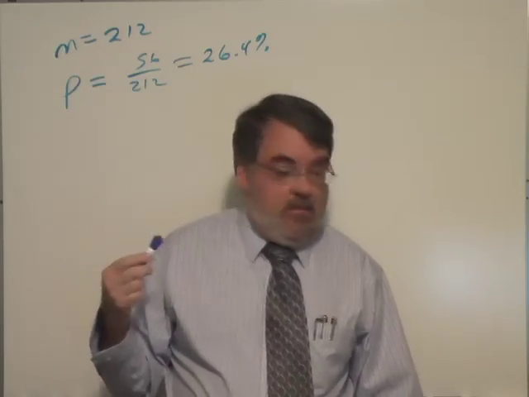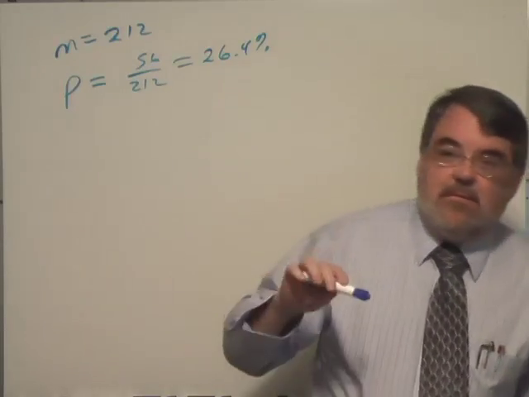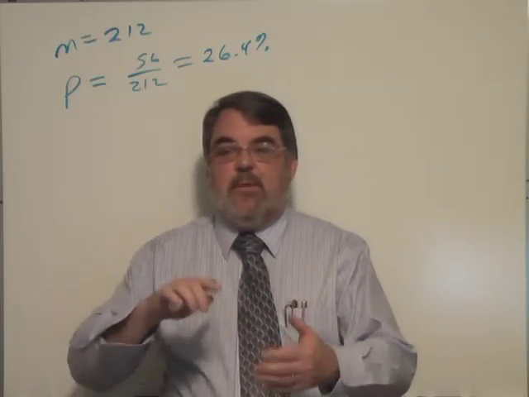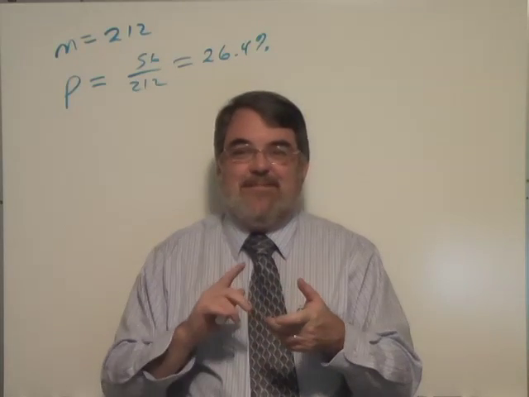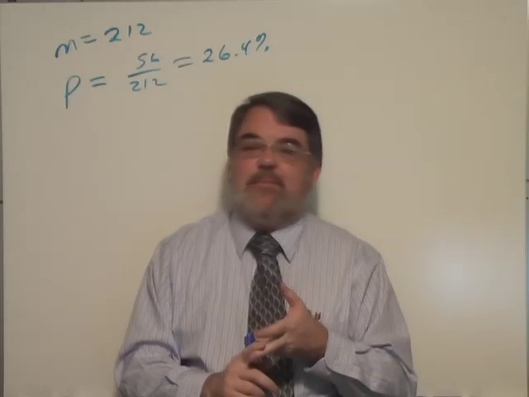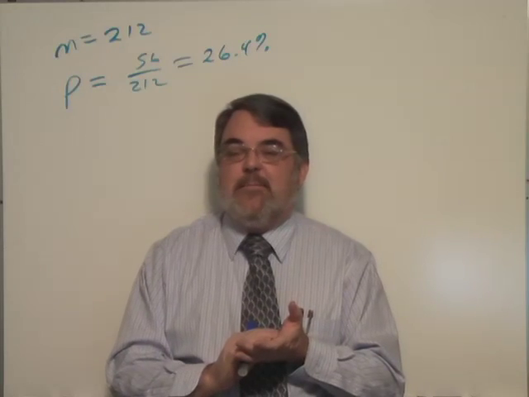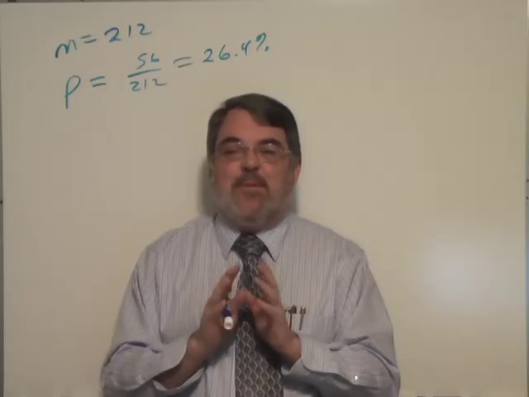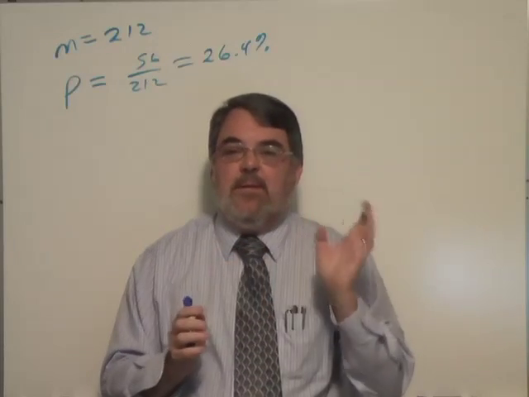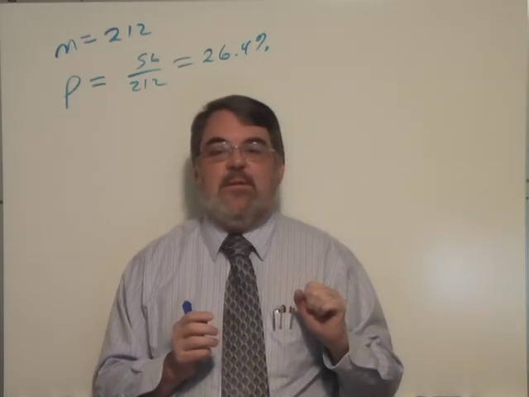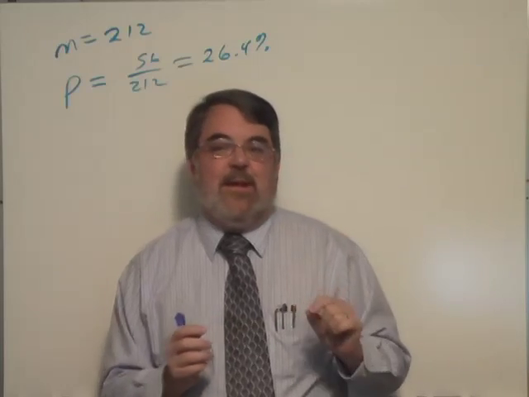So the big thing that's different about this problem over the previous few is that there's not a sample mean given, there's not a standard deviation given. This is because this is a different kind of data. The first two examples I did on this video were metric data.